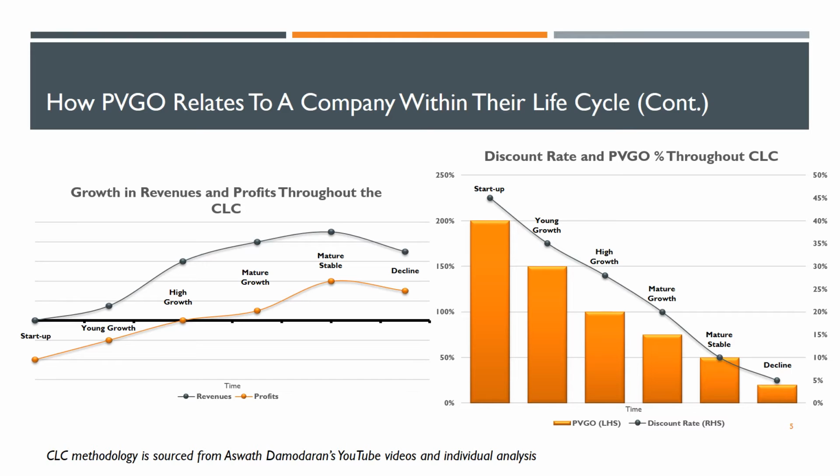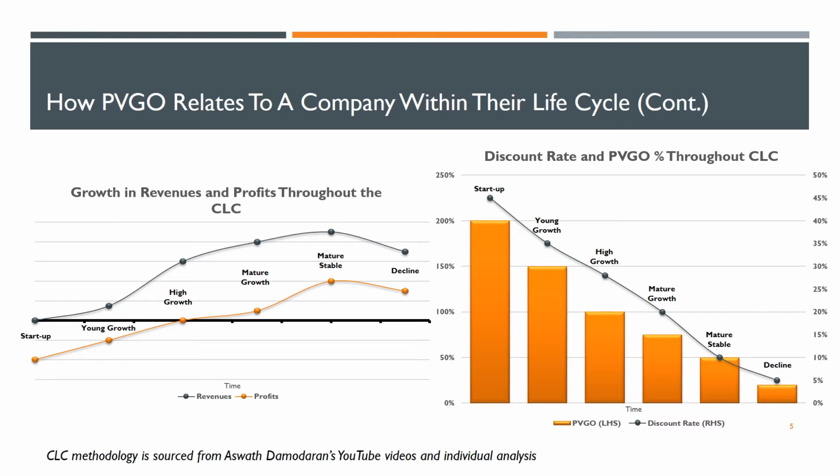Now, the graph to your left, growth and profits throughout the corporate life cycle: you'll see that revenues start off really low to none, and similarly, negative profits. And then over time, things start to grow till you get to the mature, you can say terminal, years, and then things start to decline.